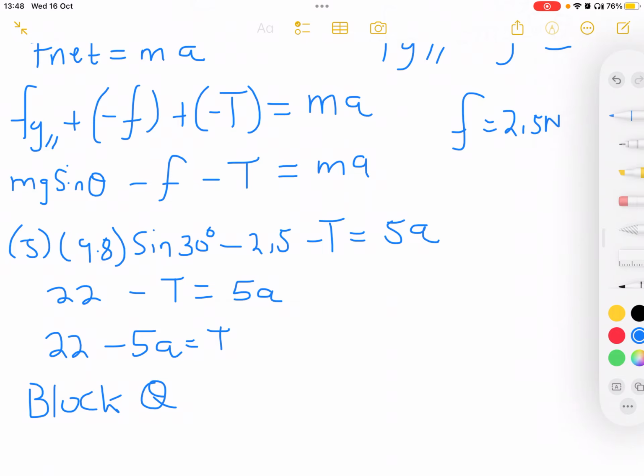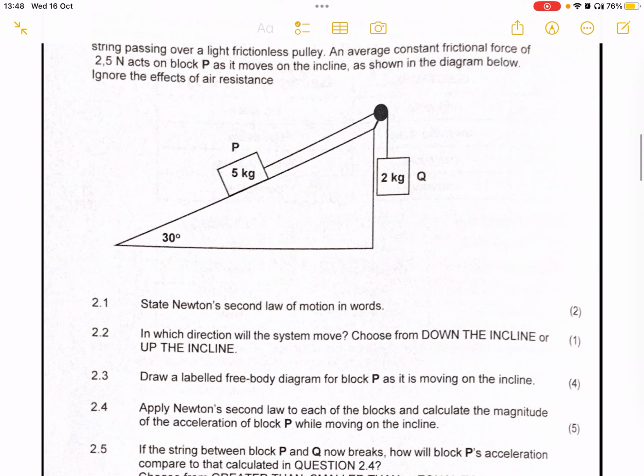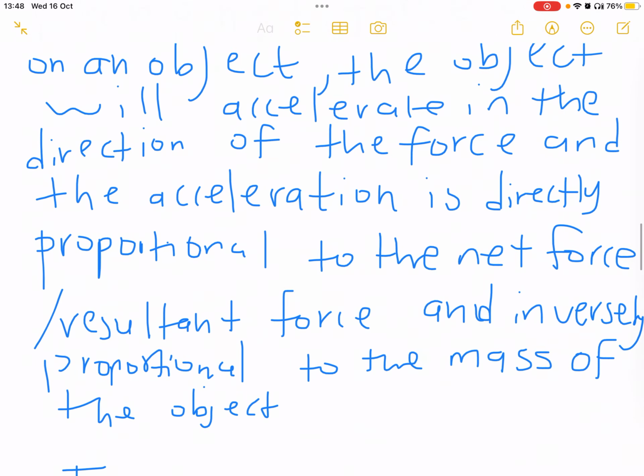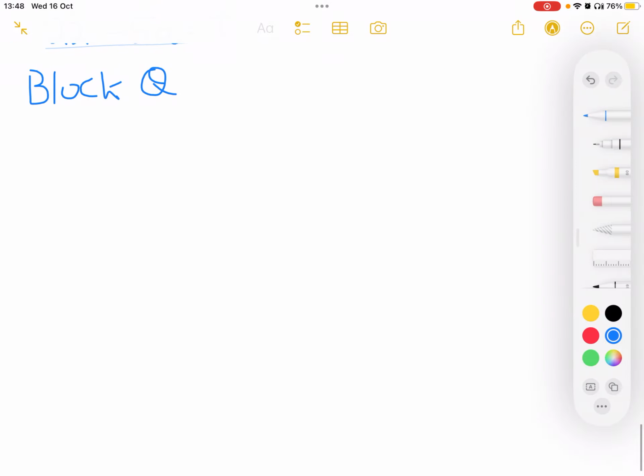Block Q. Now block Q, as you see from this diagram, is just having tension and gravitational force. If we can draw them, you just have this tension and gravitational force. So the object is moving in this direction.